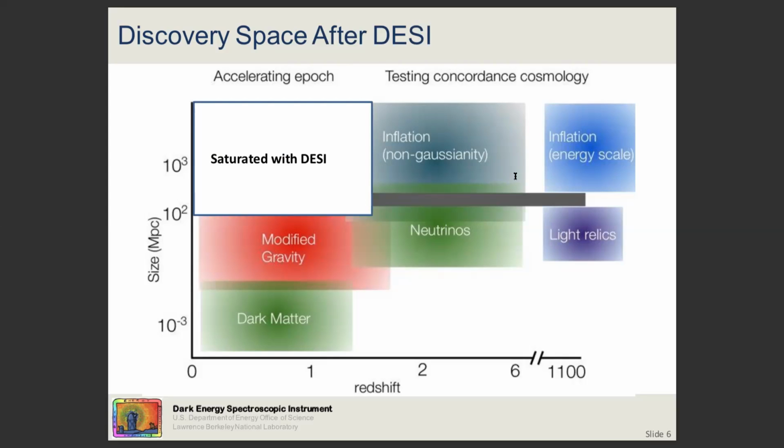You can get them down here, but I'm going to highlight them in this regime, as I'll come back to shortly. And then at smaller scales in the local universe, there's growth of structure as a test of modified gravity, also anything with accelerated expansion. So dark energy, so on and so forth. We also should ask ourselves, I'm not going to cover it in this talk, whether or not we want to build something that's complementary to the dark matter community.